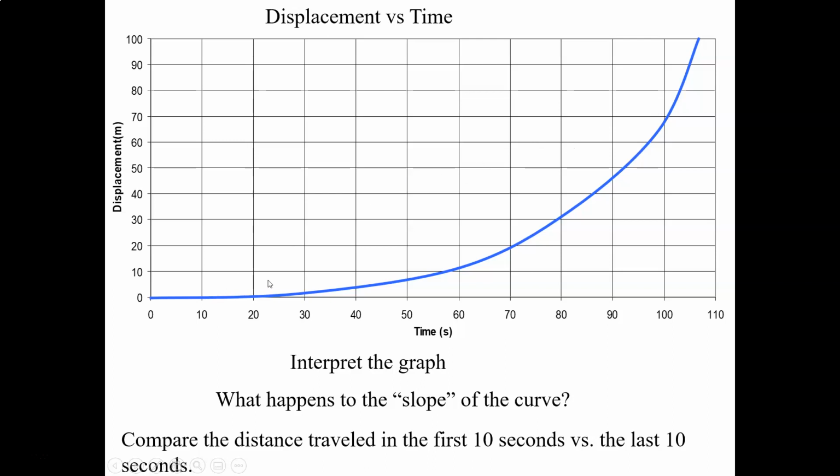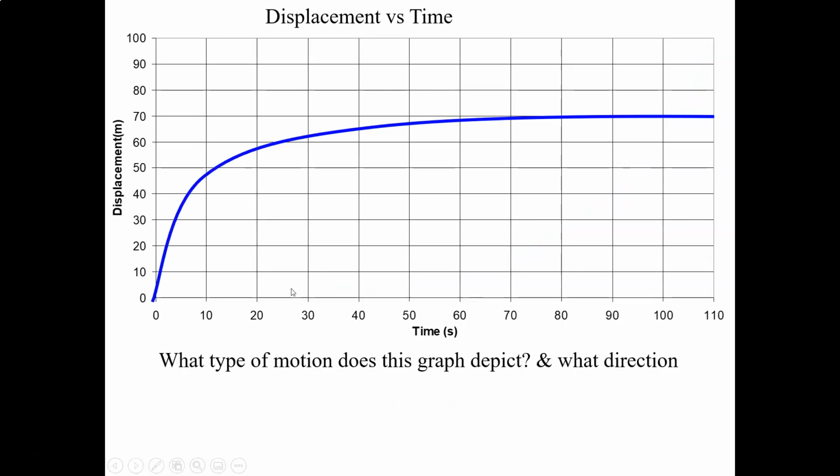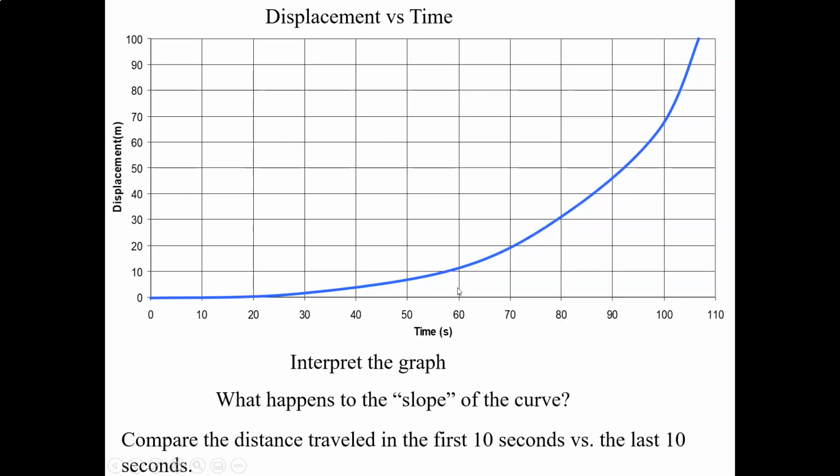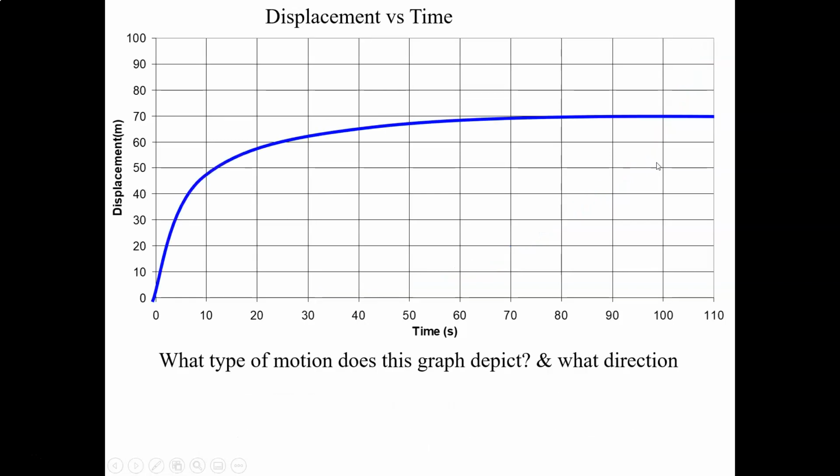So since the slope is increasing, the average velocity is increasing as well. Okay, and we can check that just by looking at in the first 10 seconds it moved hardly at all. Okay, and then in the last 10 seconds it moved quite a bit. So basically, for an object with a displacement versus time graph, if the line is getting steeper, it means the object is speeding up.